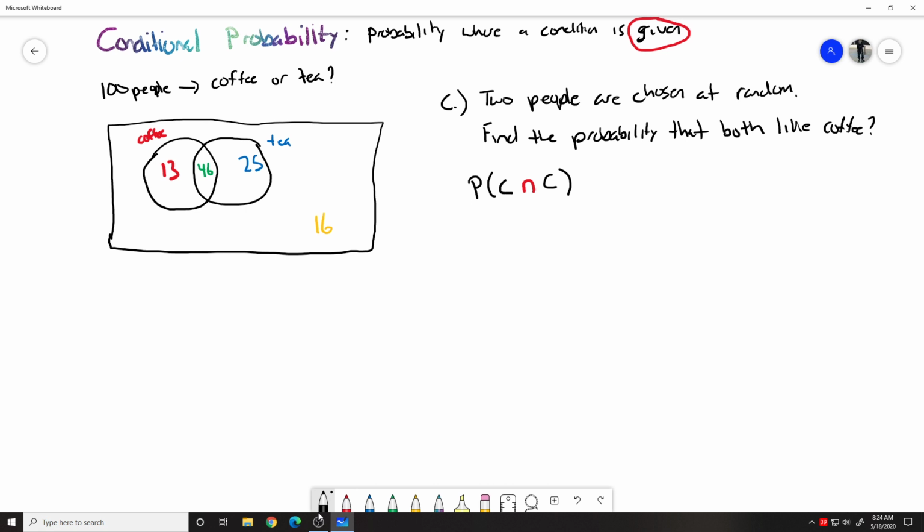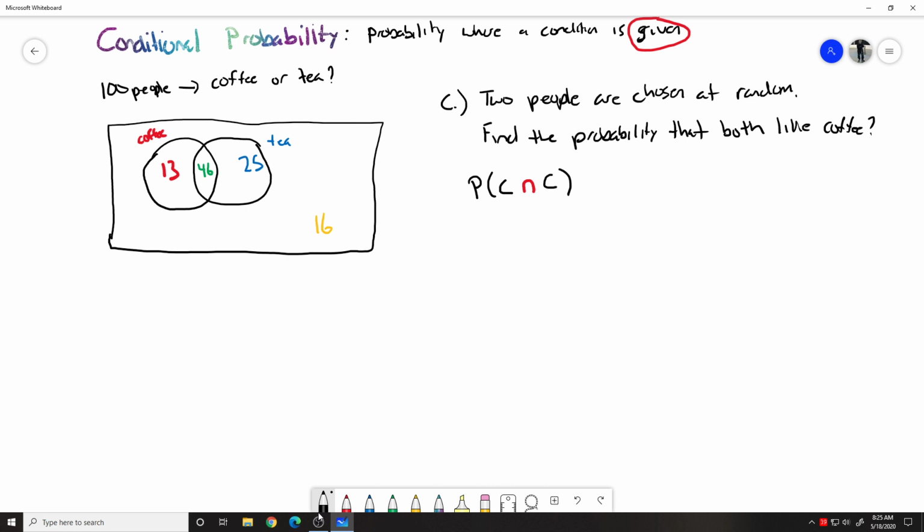So what type of question is this? It's not conditional. It's not just a straight up probability question. So is this independent or dependent? Does the first person that I pick have any effect on when I go to make a second pick? Is it like rolling a dice or flipping a coin? Well, no, it's not. This is going to have an effect, right?